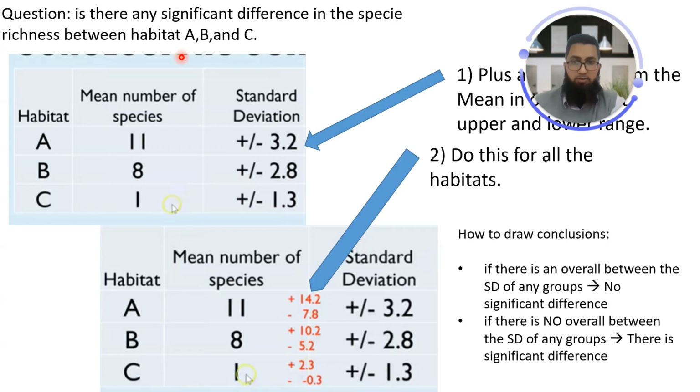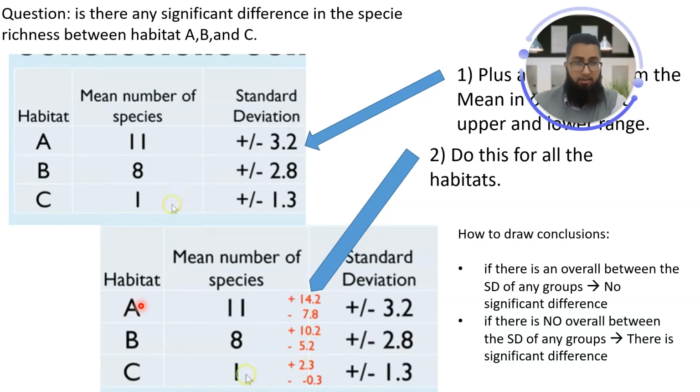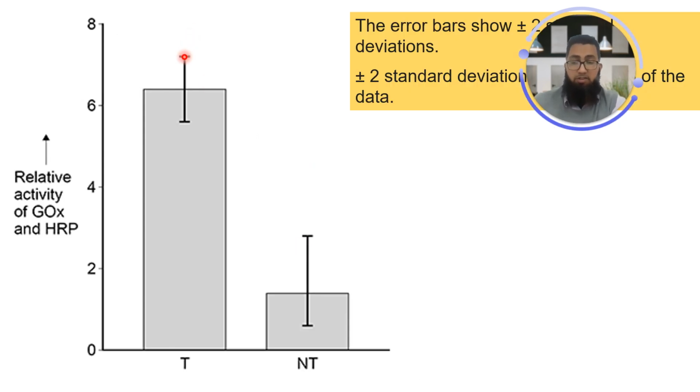Let's say this is shown by A. So 11 plus 3.2 is 14.2. 11 minus 3.2 is 7.8. So this is 14.2 and this is 7.8. So that's how you draw the error bars.